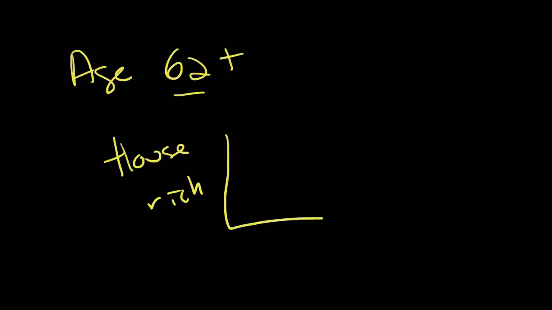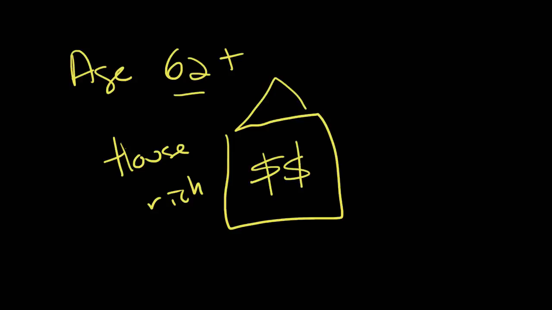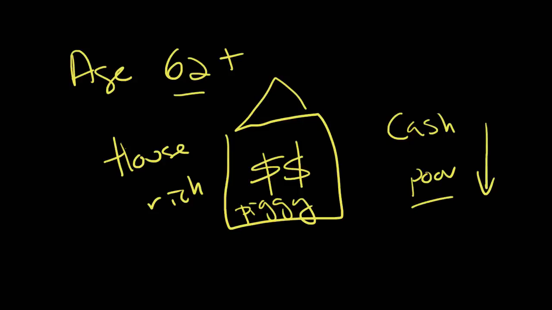That means you've got a lot of equity built up in this house because you've had it for a long time. It's basically your piggy bank, but cash poor. So you're not making a lot of money on, for instance, a monthly basis. Your monthly income is limited. So you might say, hey, does someone want to buy my house but incrementally? That could be a good deal for some people, and that's what a reverse mortgage is.